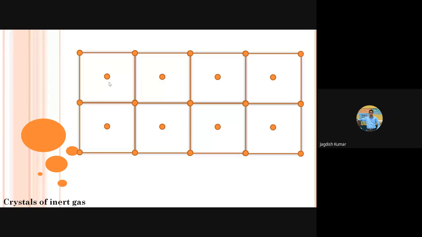Let me name the central reference atom as 1, and let me name these 4 as 2, 3, 4, 5. Yes, sir. There will be another 4 in the plane above this one, sitting here, cross. That will not be in the same plane. It will be at, I think, a by 2 distance along this direction.